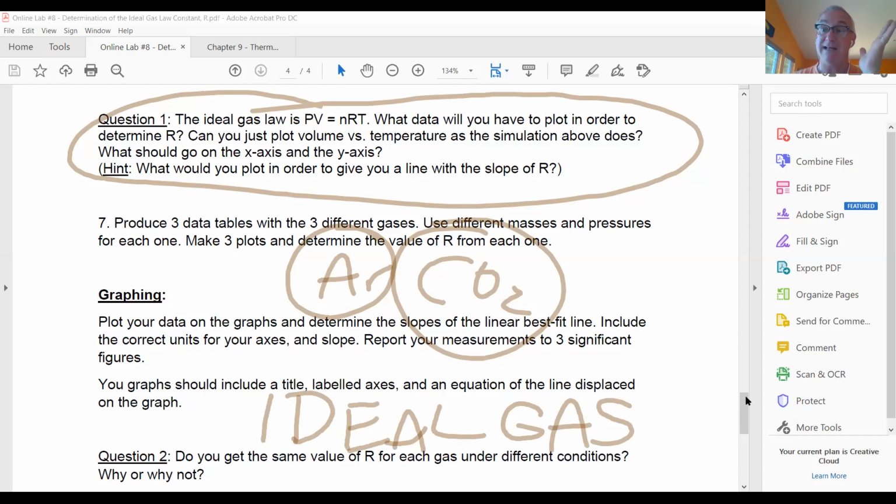Other than behaving ideally. Just give anything that an ideal gas does or doesn't do.